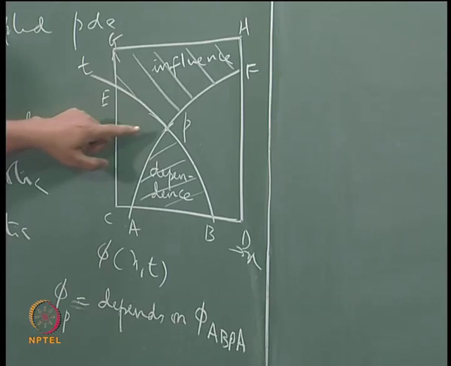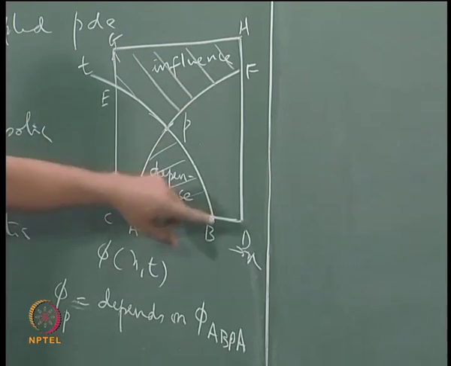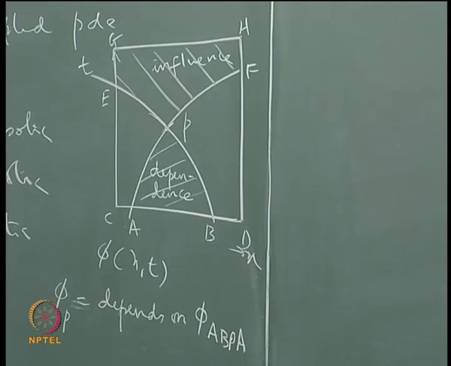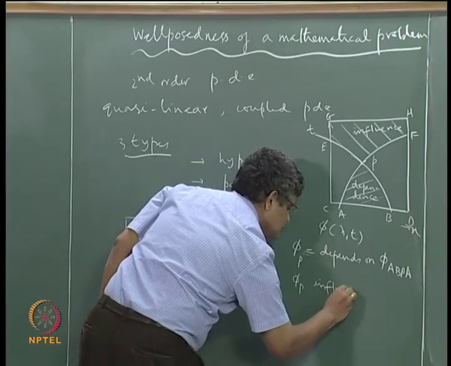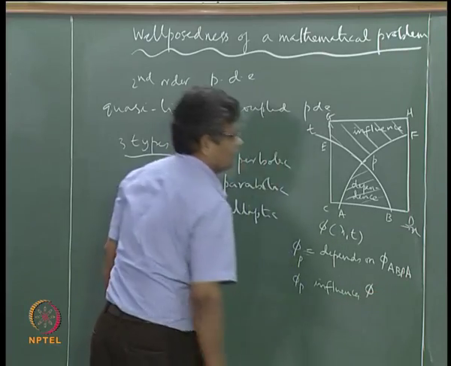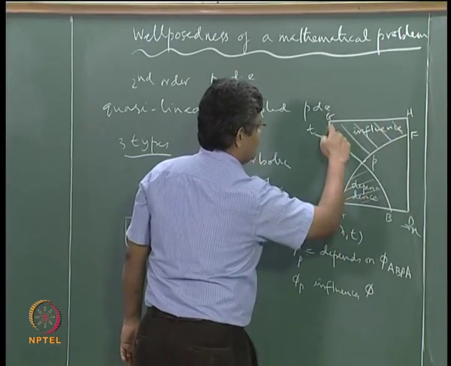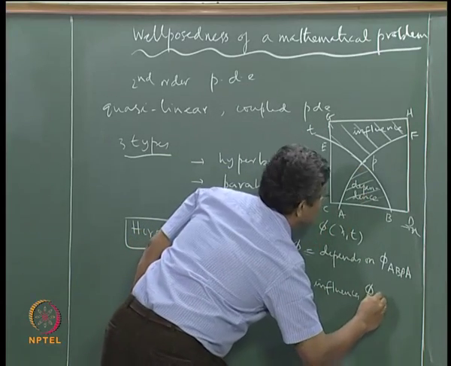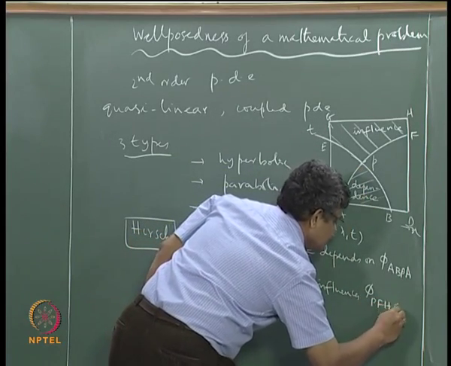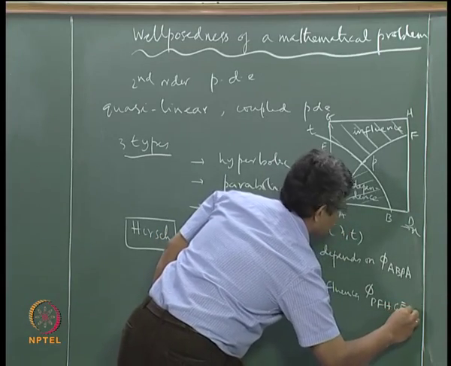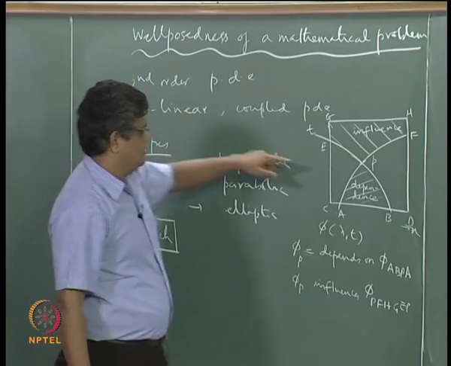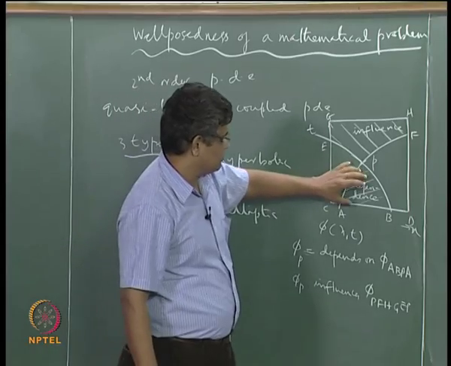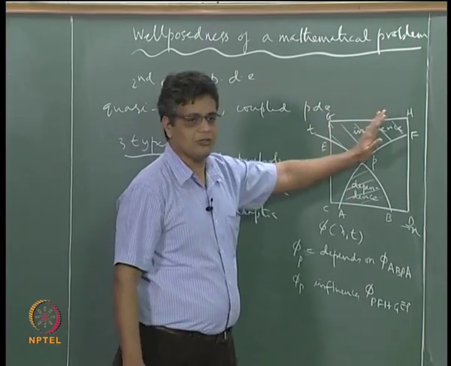For this particular point within the solution domain, which is in C D H G, we can say that phi P depends on this and phi P influences the value of phi within P F H G E P. So for a hyperbolic problem, we can clearly define the zone of dependence and a zone of influence within the solution domain.